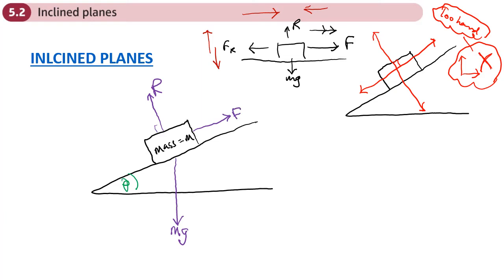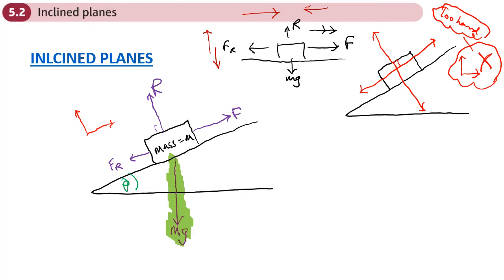And maybe there's some sort of resistance here. Now, I always want to look at the forces parallel to the plane, so forces going that way, or perpendicular to the plane. Now there's one force that's not going in either one of those directions. That's this one here.